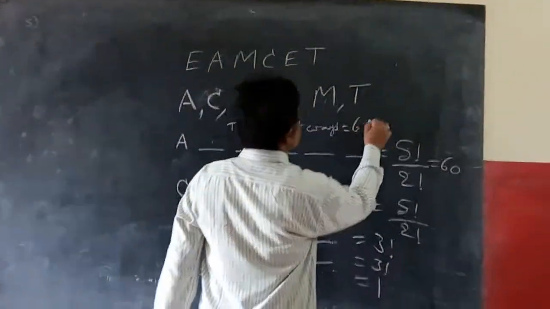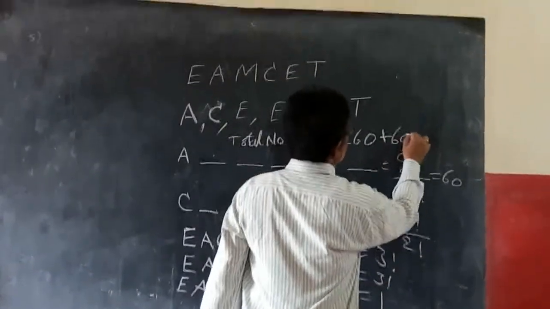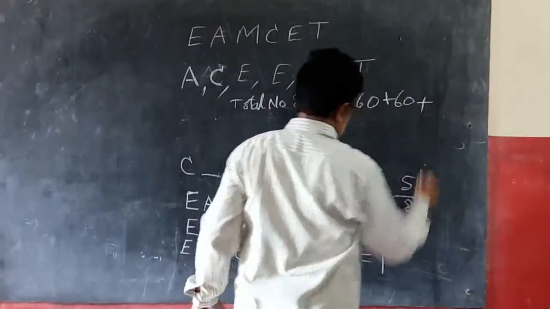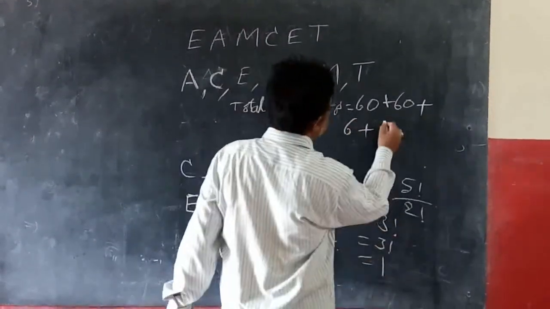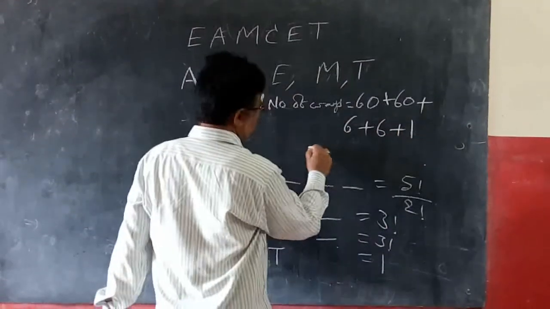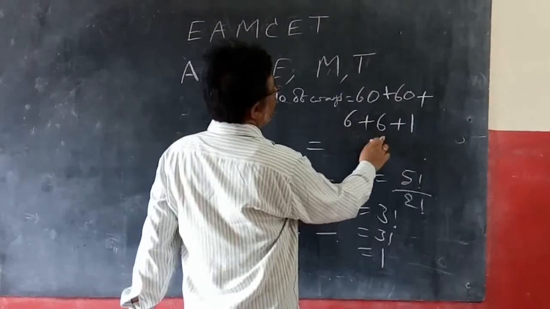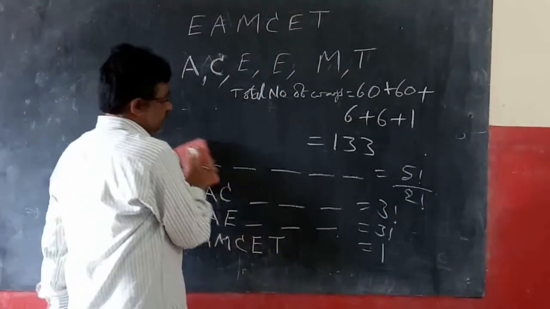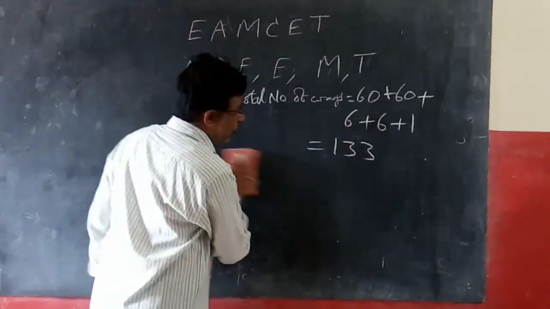So 60 plus 5 factorial by 2 factorial, 60, plus 3 factorial is 6, plus 3 factorial is 6, plus 1. 60 plus 60 plus 6 plus 6 plus 1. 120, 132, plus 1, 133. So the rank of the word MSET is 133.